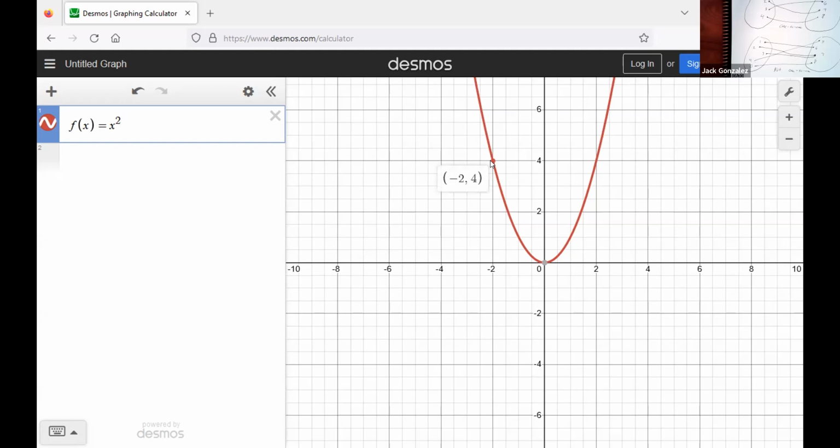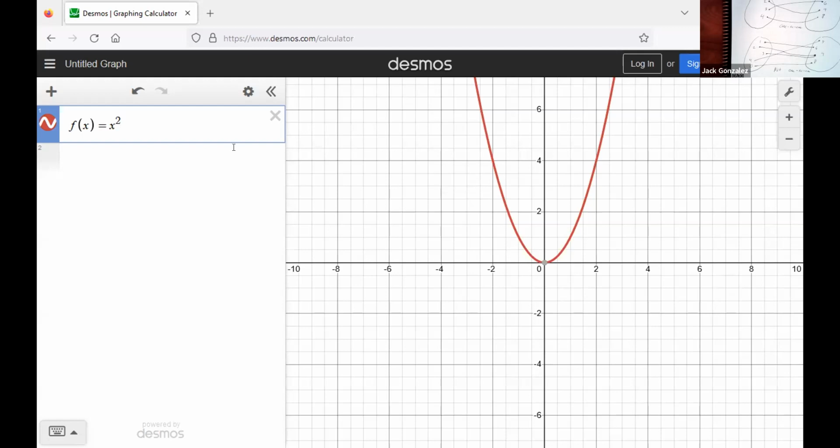So you have 2 different values going to the same place. So that violates one-to-one. Does that make sense? What one-to-one means is every single X and Y have a unique pair, right? Unique partners, I guess.